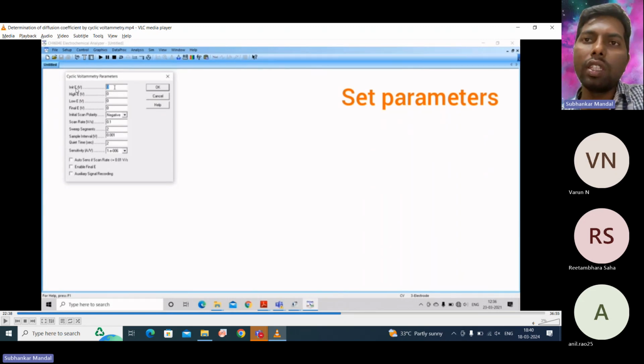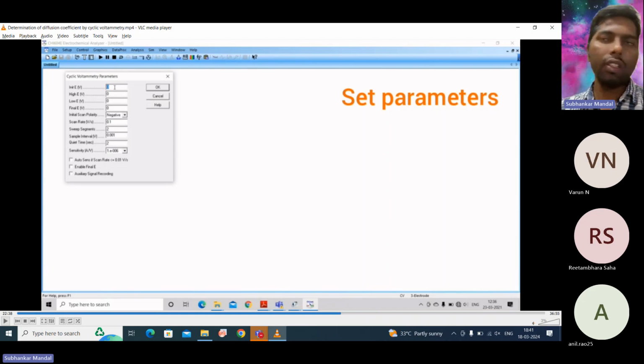Then High E is the highest potential, so you get the voltage window: high E is the high terminal voltage, and Low E means the low terminal voltage. And Final E represents where you want to stop the potential, or where you want to stop the reaction.